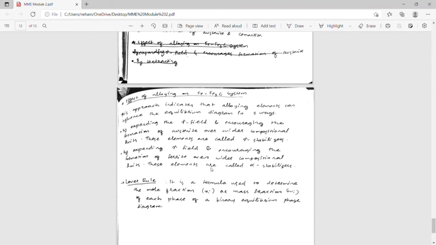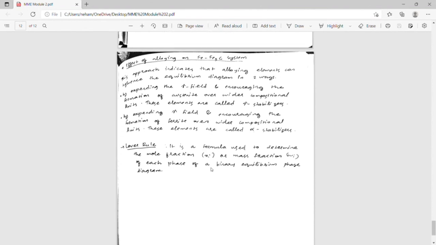By expanding the alpha field and encouraging the formation of ferrite over wider compositional limits, these elements are called alpha stabilizers. Lever rule. It is a formula used to determine the mole fraction or mass fraction of each phase of a binary equilibrium phase diagram.